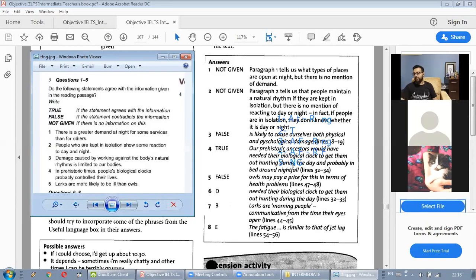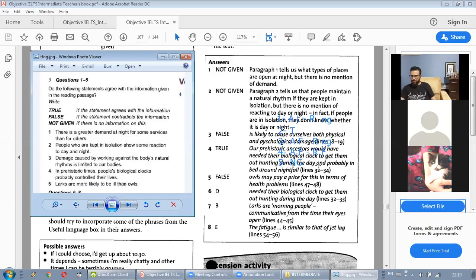So it's true, because really, here it says it controls their hunting during the day, and they're sleeping during the night. So it does control their day and night. So it controls their lives in a way. So it's true. Unfortunately.